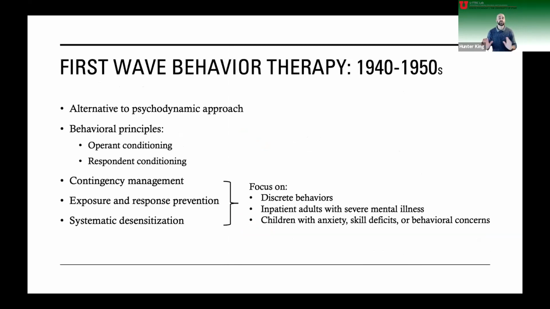So here's first wave behavior therapy, which came about in the 1940s as really a replacement for psychodynamic theory. When I say psychodynamic, you think Sigmund Freud, you think of dream analysis, you think of the subconscious, very subjective types of treatment strategies, right? And it worked well for some, but maybe not for others.